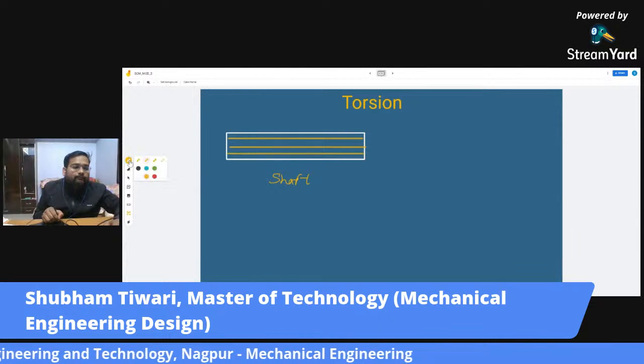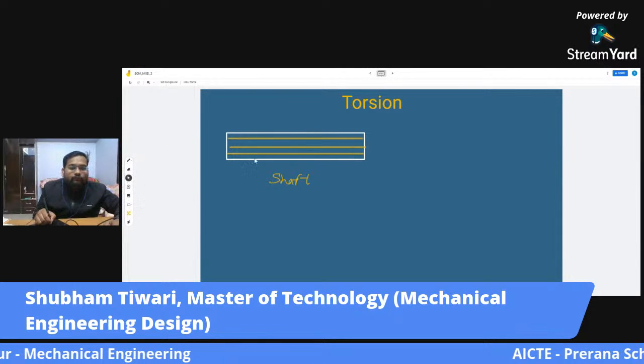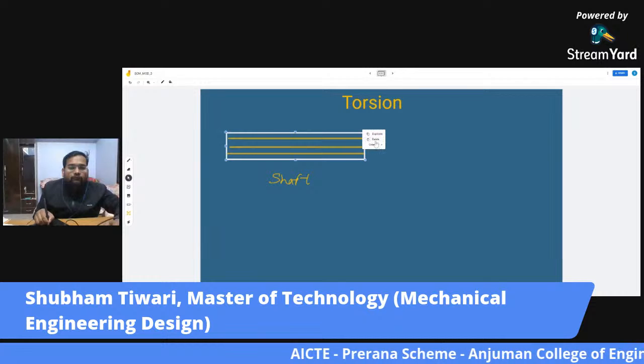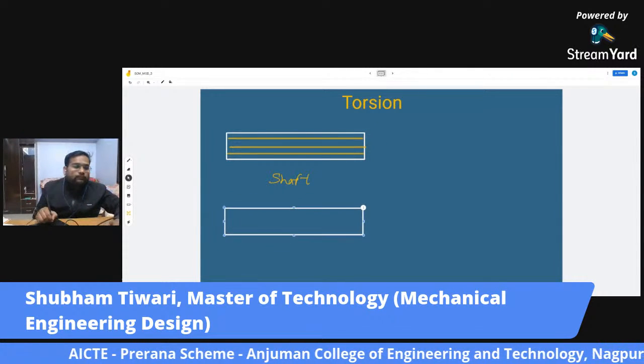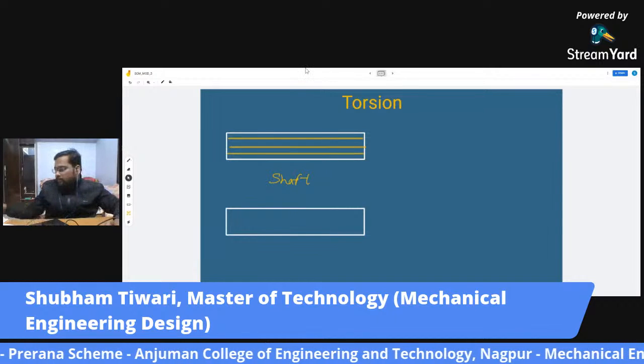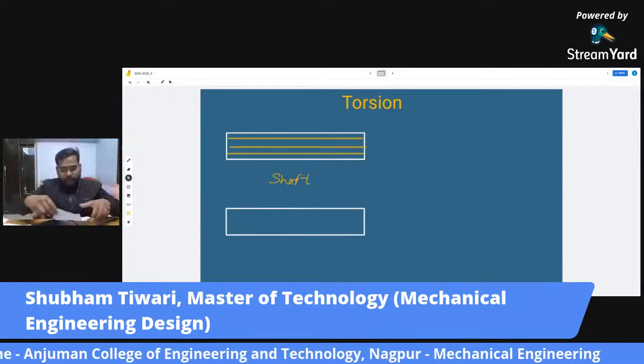Fine. Okay. Now the condition of our shaft is like this.